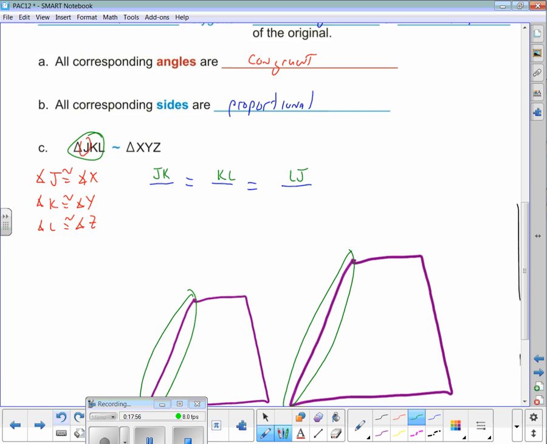Now on the bottom, I'll do the second triangle in black. What side corresponds to side JK? Well, the length of XY. What length goes with the length of KL? The length from Y to Z. And what length goes with the length from L to J?